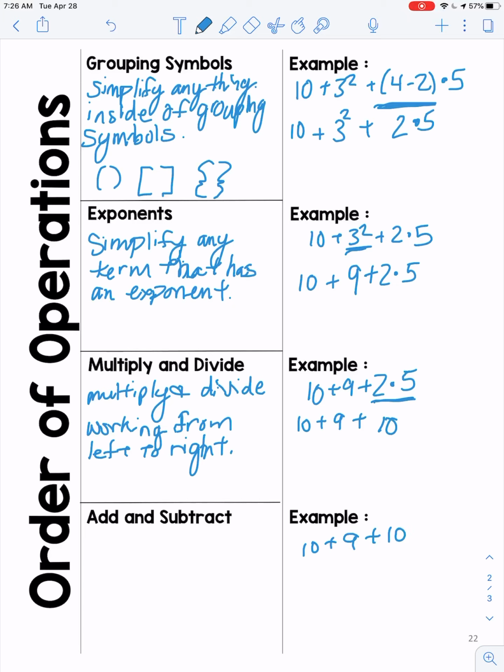And what we have to remember again is that we add and subtract at the same time, working from left to right.